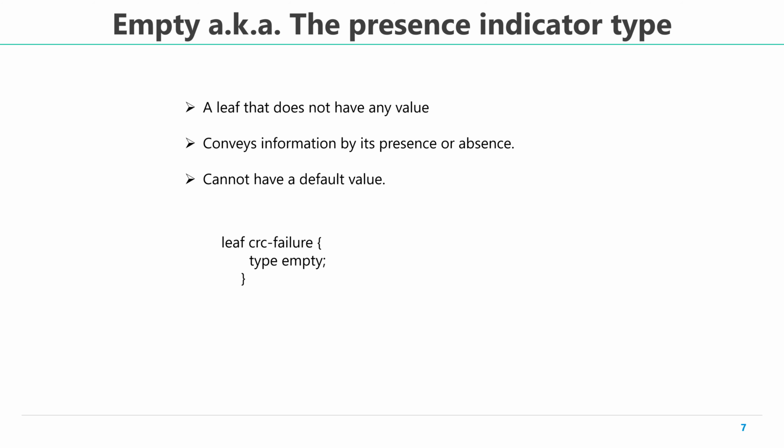It means if this leaf is present, there has been a CRC failure, and if this leaf is not present, there has not been a CRC failure. This is extremely useful when you are developing applications on top of the data model, where instead of always checking for true or false, checking for a mere presence could be very useful.